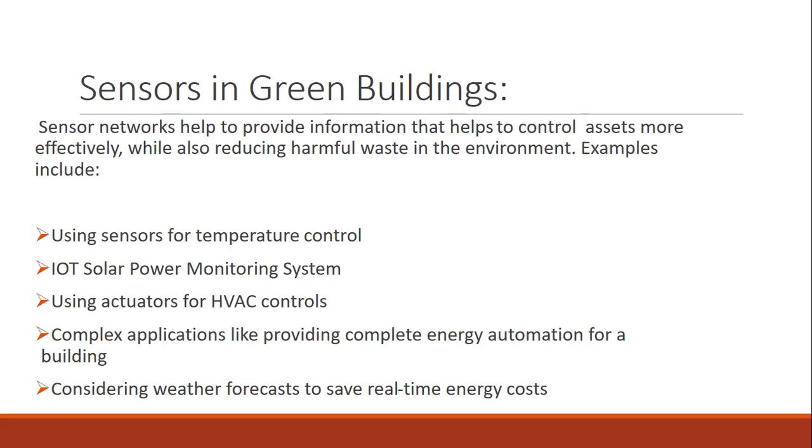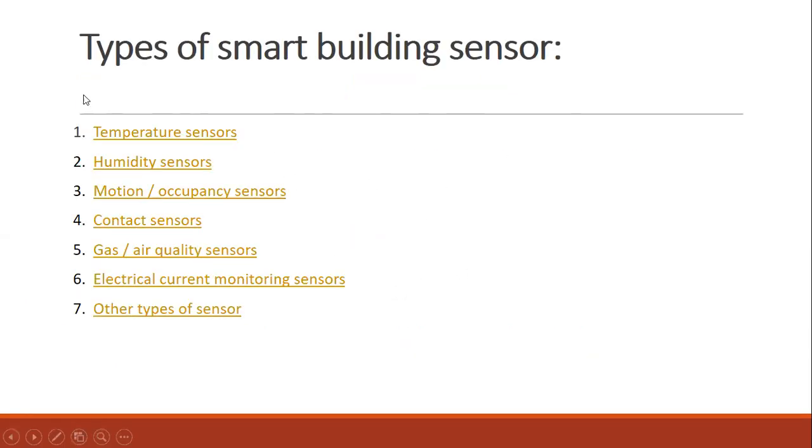We can use a solar power monitoring system, which is also IoT based. We can use actuators for HVAC control. For energy automation inside the building, we can use IoT. For weather forecast, again we can use IoT based solutions.